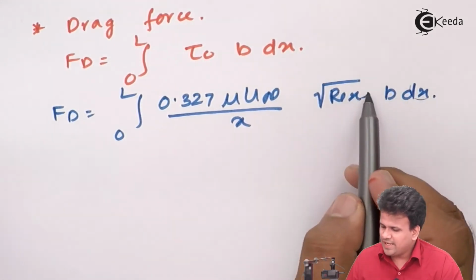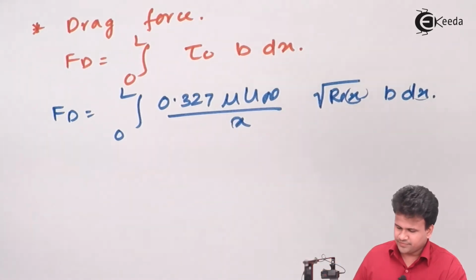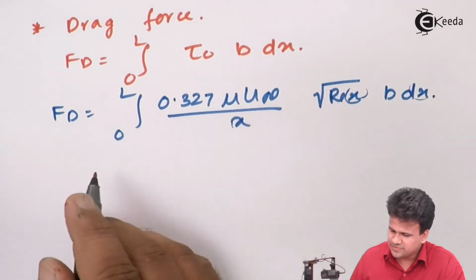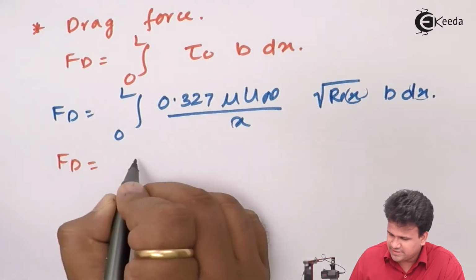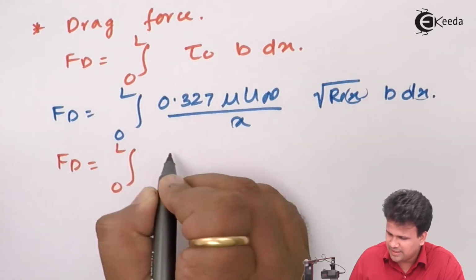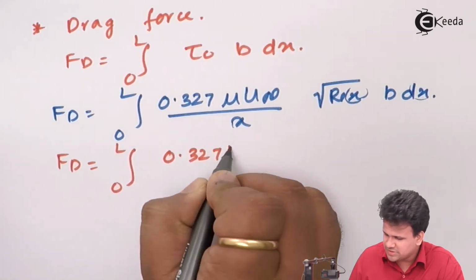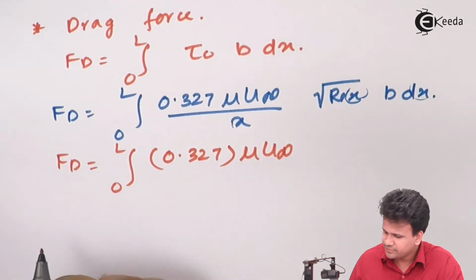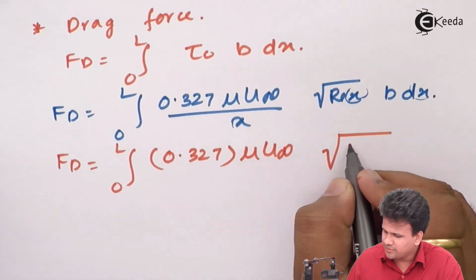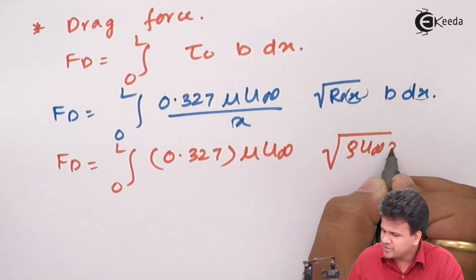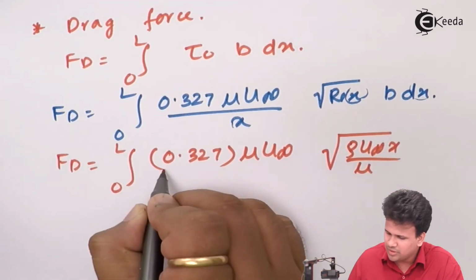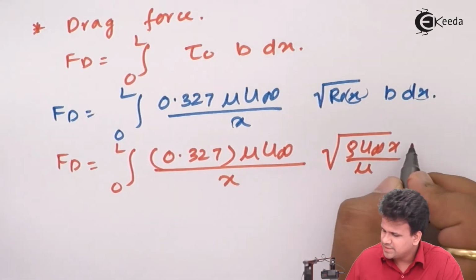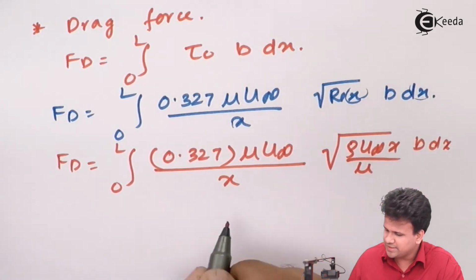Now the value of x is in both the terms, so we'll split this part, that is Fd is integral 0 to L of 0.327 into mu u infinity into square root of rho u infinity x upon mu upon x into b into dx.